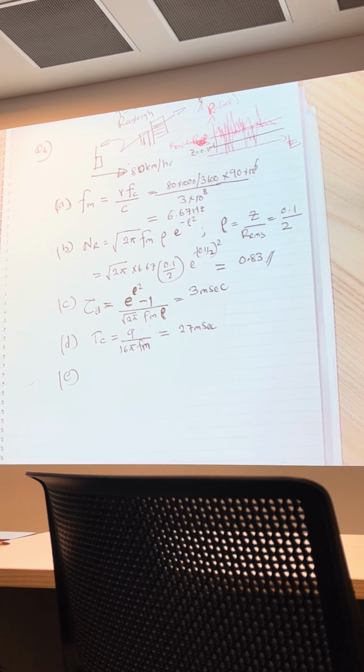So if the channel is changing faster than the symbol period, then it's a fast fading channel. In other words, if your coherence time is smaller than the symbol period, then it's a fast fading channel. It's fading faster than the symbol period, right? If it's the other way around, if the coherence time is larger than the symbol period, it's a slow fading channel.